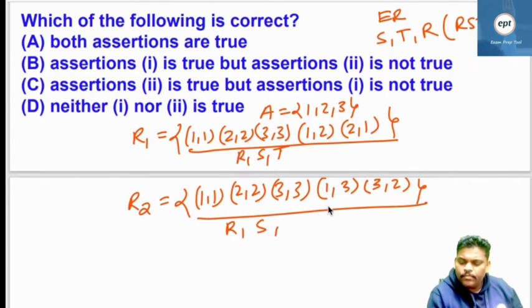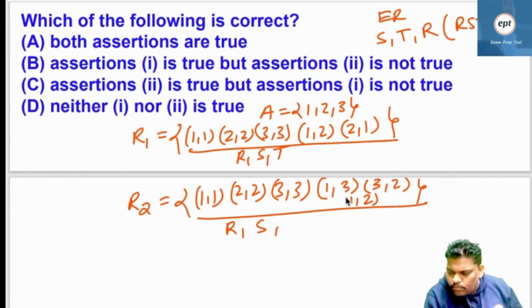Is it symmetric? 1, 3, 3, 2. 3, 3 cancel. 1, 2. 3, 2. Yeah, it's perfect. 1, 2.